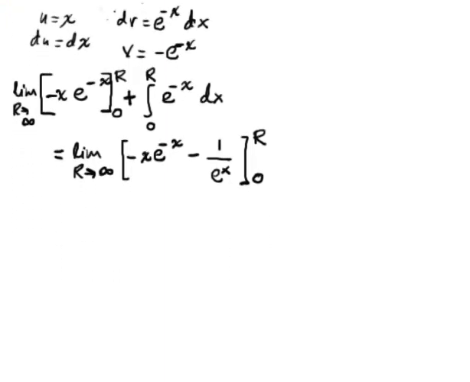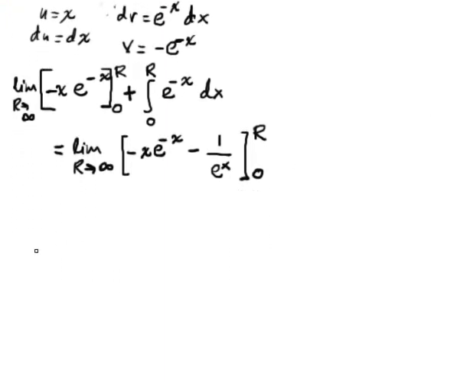So minus x, I'll write minus r. E to the minus r, I'll put that in the denominator as e to the r. Minus 1 over e to the r.